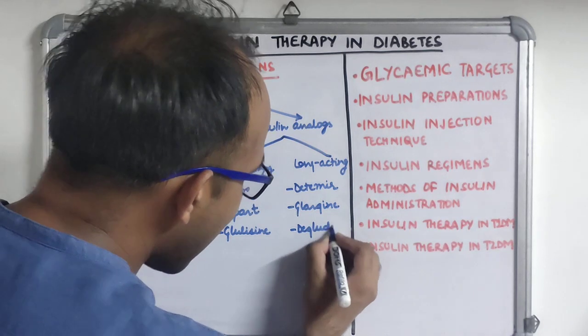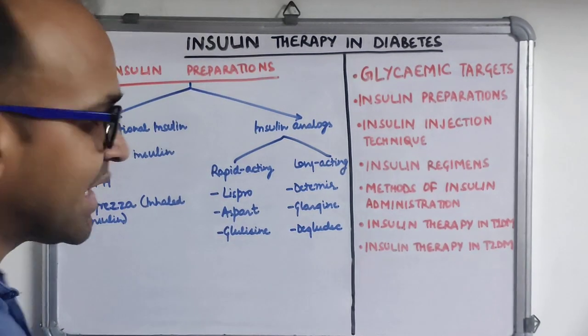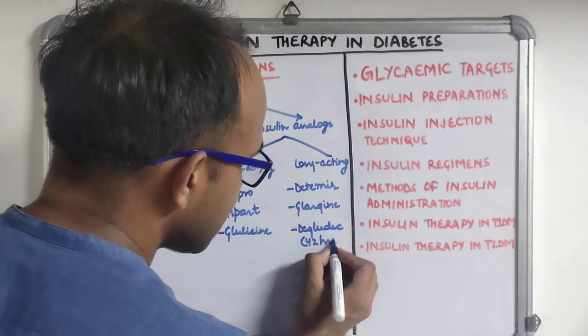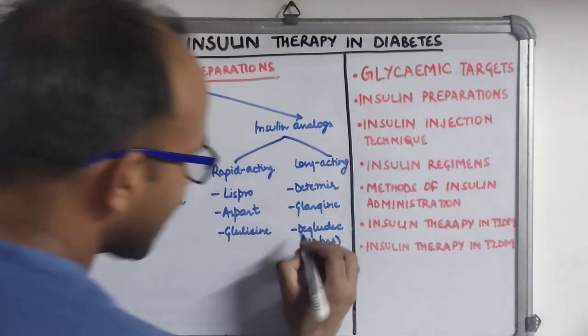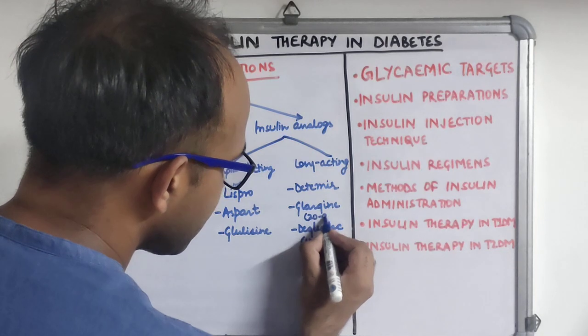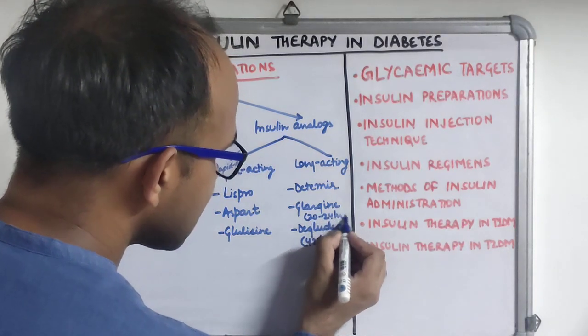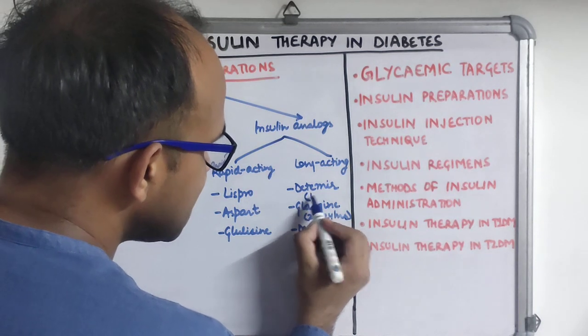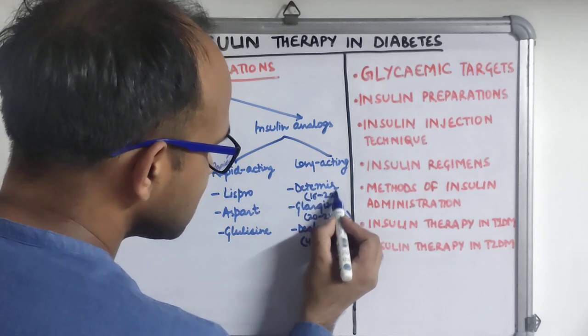So if asked which is the longest acting insulin, that is degludec. It has a duration of action of 48 hours. Glargine has a duration of action of 20 to 24 hours. Detemir has a duration of action of say 16 to 20 hours.